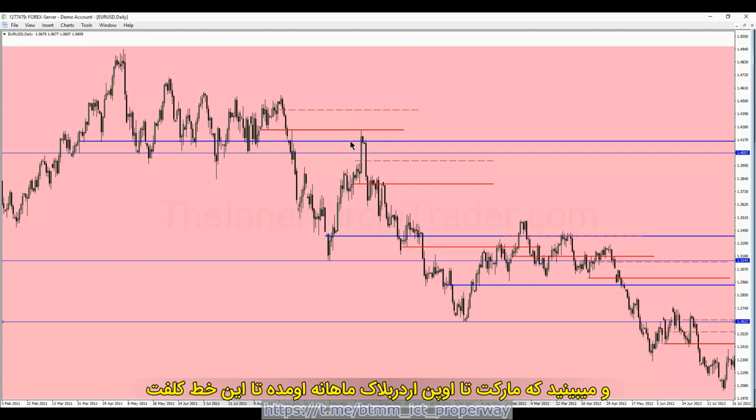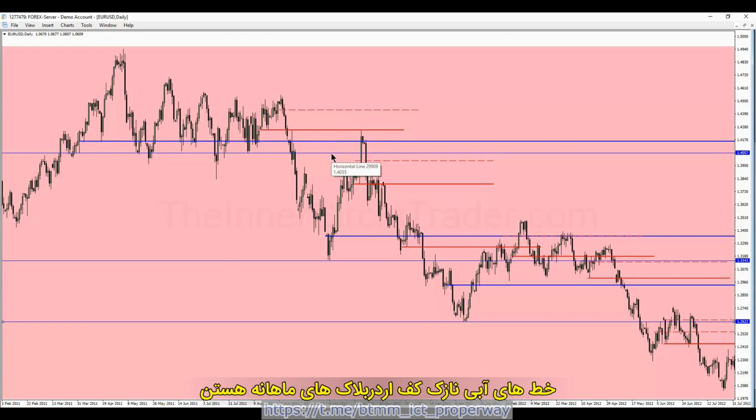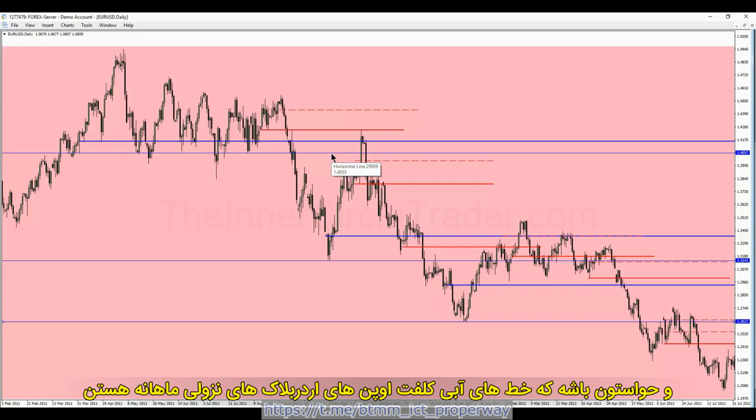That's what these heavy lines are. And the blue lines that are thin, they're going to be the monthly block on a monthly basis, the low. So just keep in mind that the heavier blue lines, they're the openings on the bearish order blocks on a monthly basis.